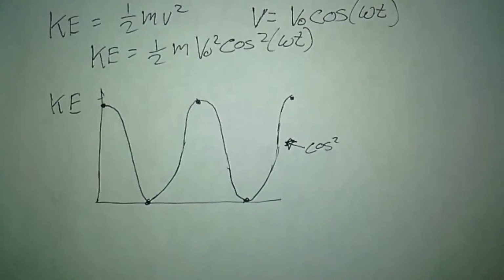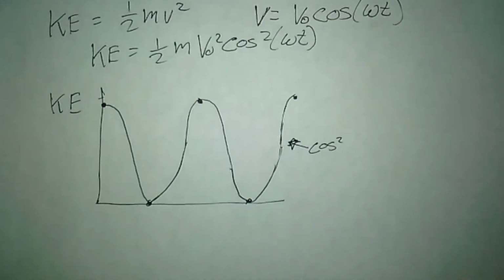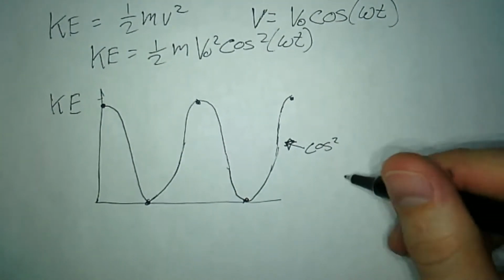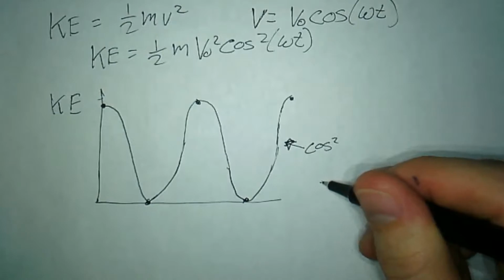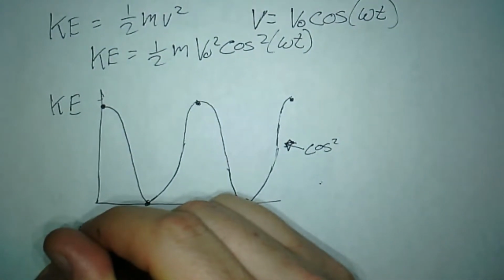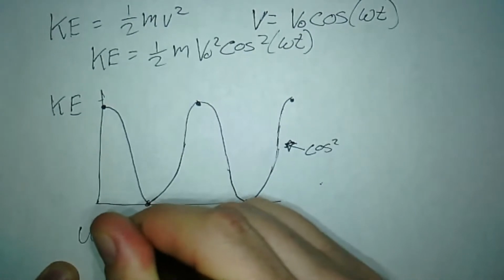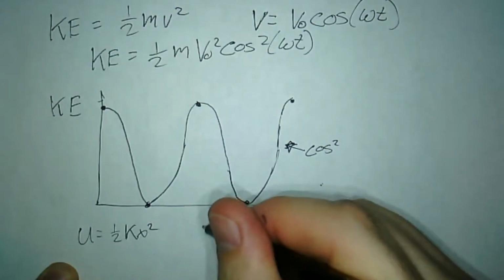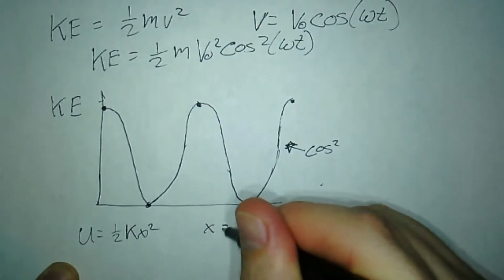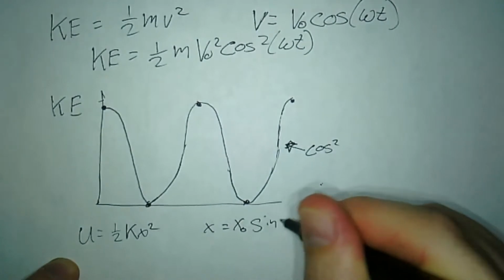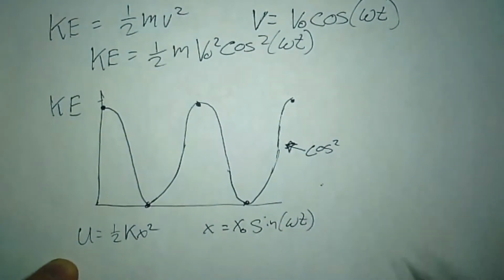Now I could probably figure this out another way: for a spring, potential energy is 1/2 kx squared, right? And we said x was equal to x naught times sine omega t.